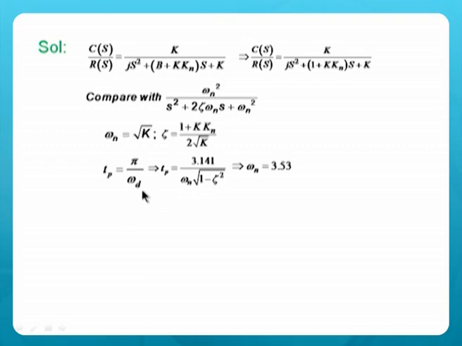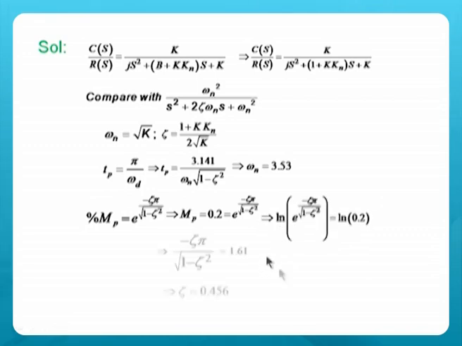This must be equated to 1, and you get omega d as 3.53 radians per second. And peak overshoot is given in the problem, that is 0.2 above the steady state value. From that, zeta is to be calculated. So you get zeta as 0.456, an underdamped system.